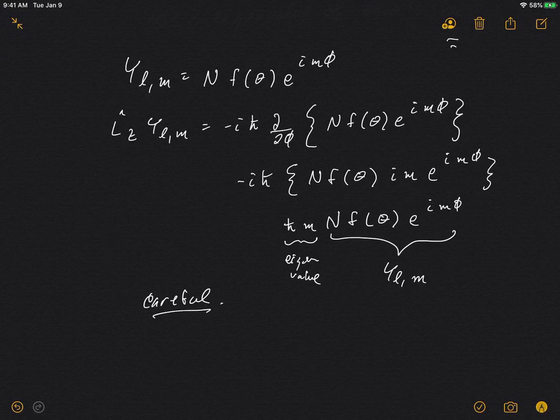Anyways, I'm not sure if I made my point clearly there, but in this case, the eigenvalue would be h bar m, and it would not include the normalization constant or the f of theta. Those are all part of the Y_lm. This is just a little bit different than typical everyday algebra, so it's worth talking about for a minute.